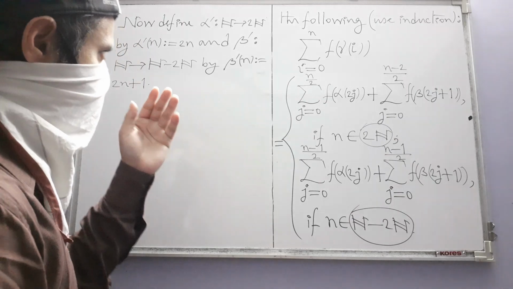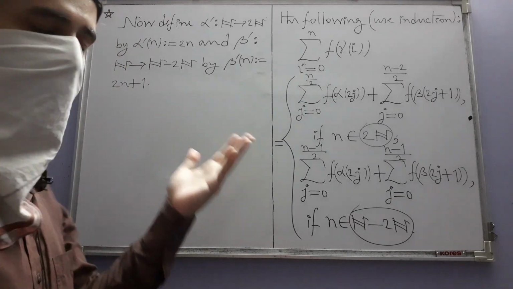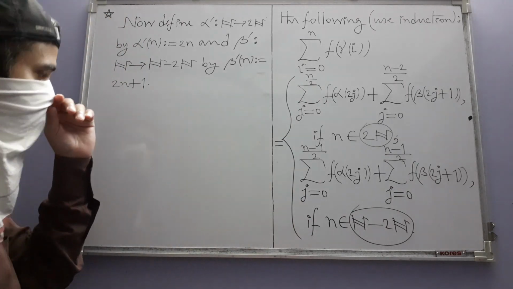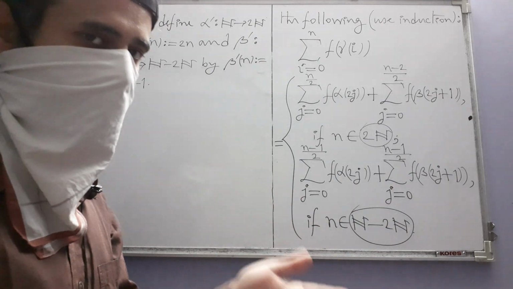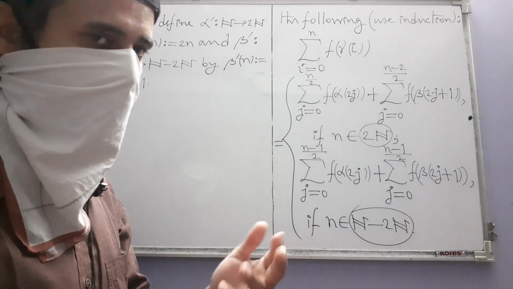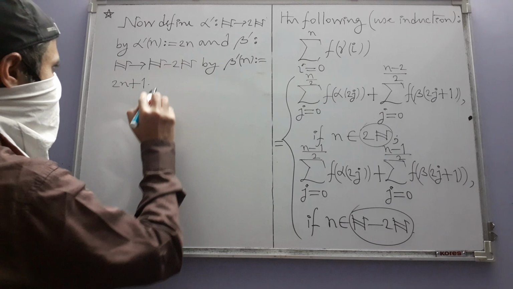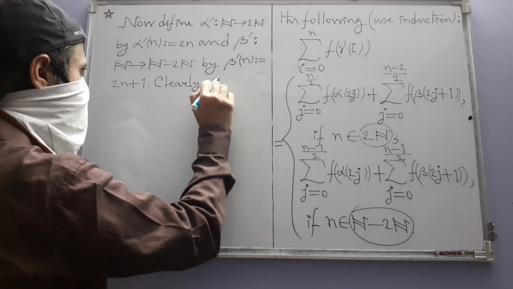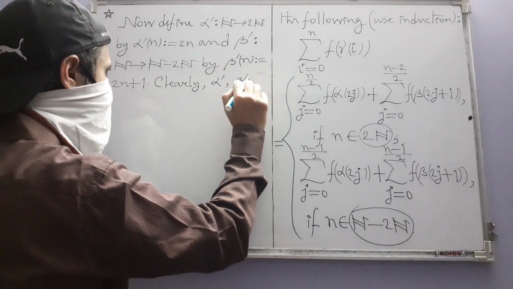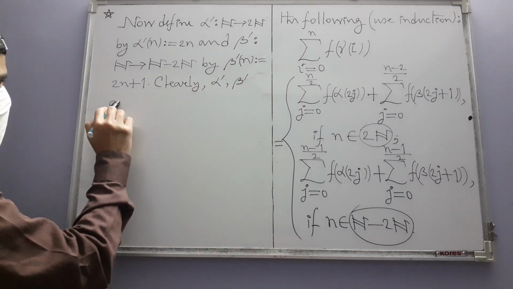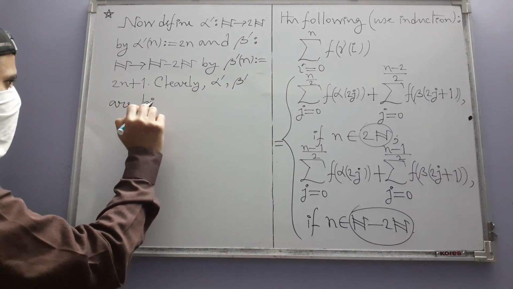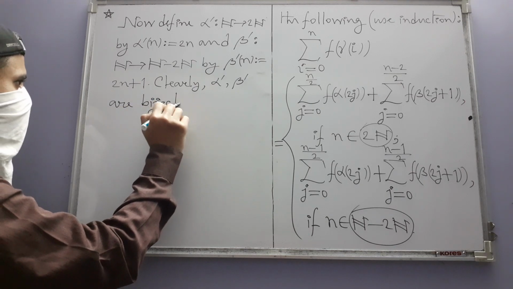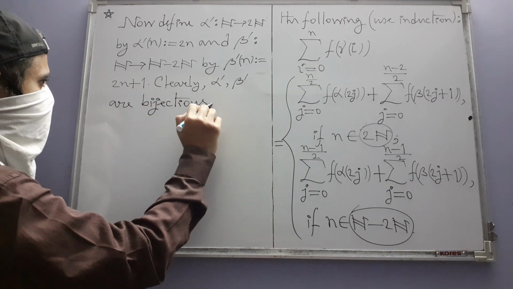Now with the help of these new functions, these are of course clearly bijections. Again, clearly means you have to show it or at least convince yourself that they are. Clearly alpha prime, beta prime, these are bijections.